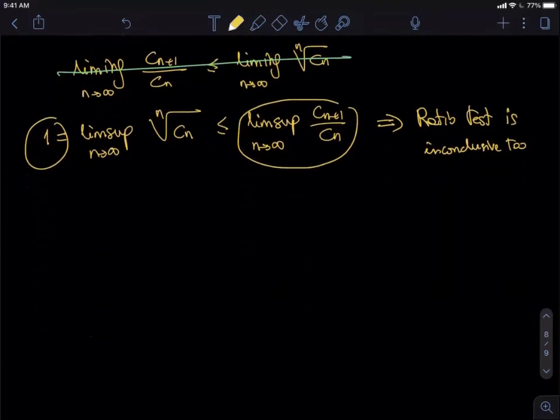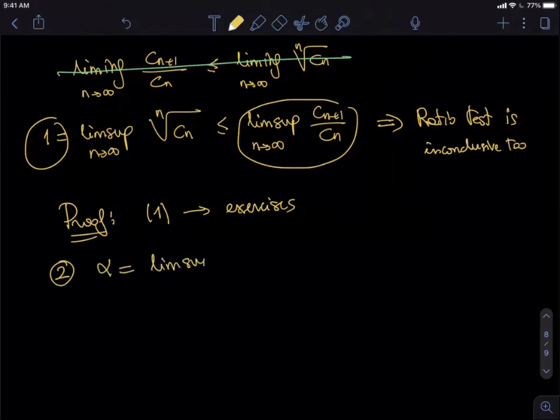All right, so let's prove the theorem. The proof of 1 is in the exercises for this week. Okay, so we will prove 2. As before, we are going to define alpha, which is the lim sup of c_{n+1} over c_n.